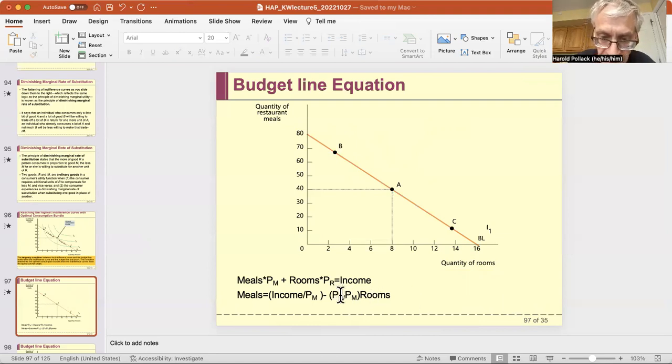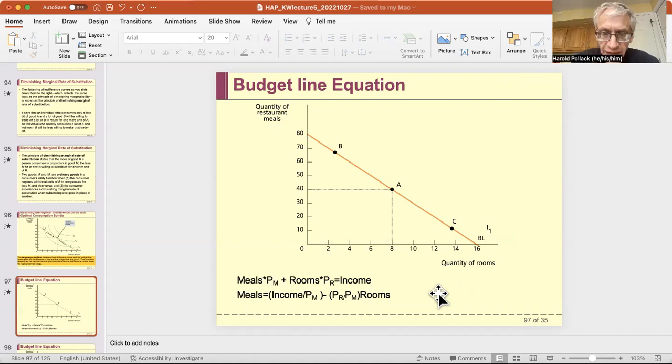It's important to remember that if I've got meals on the y-axis, the slope of this line is minus the price of the thing that's on the x-axis divided by the price of the thing that's on the y-axis. That's important to get from this. It's very easy to forget which way it goes, but that's the way it goes.